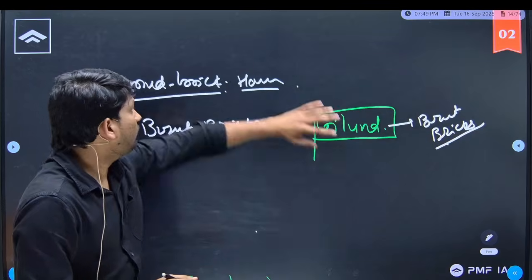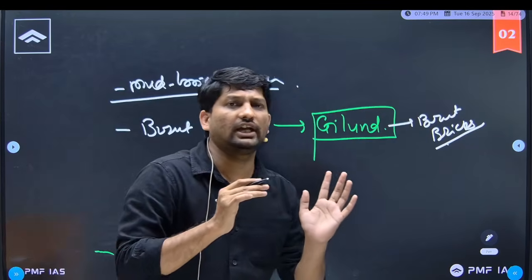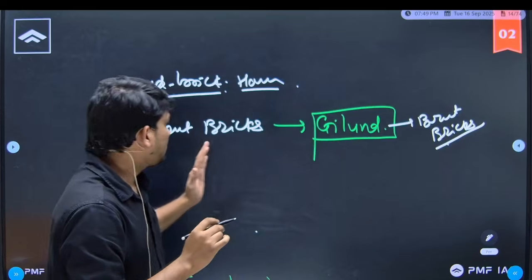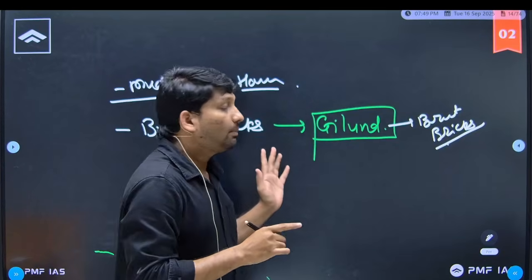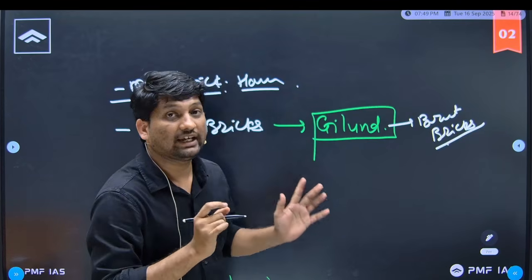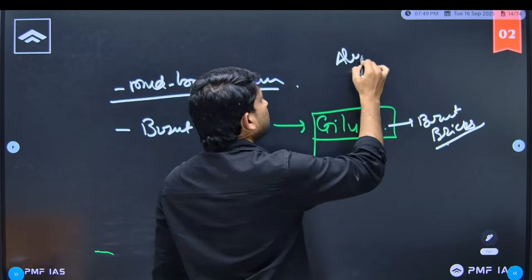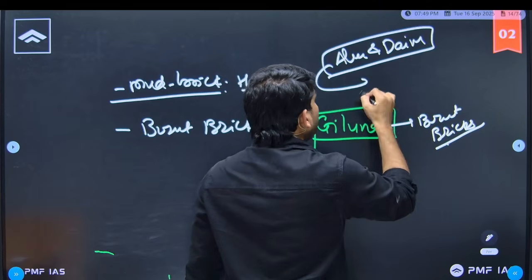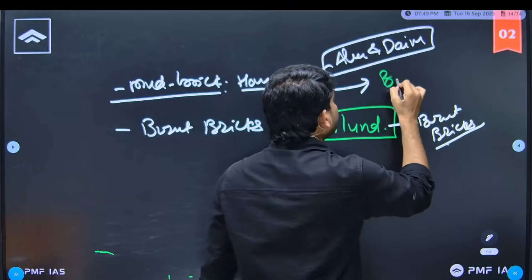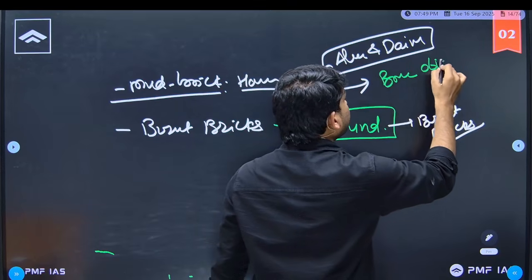Remember, whenever we are discussing every aspect of the Chalcolithic, the first aspect we discussed was copper plus stone. In copper and stone, I have given you the example of Ahar and Daimabad. Why? Because in Ahar and Daimabad, we have found bronze sheets or bronze objects, right?